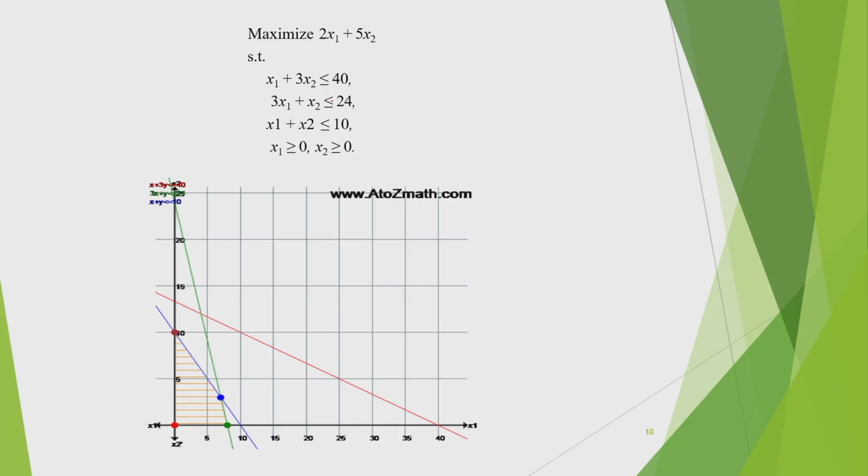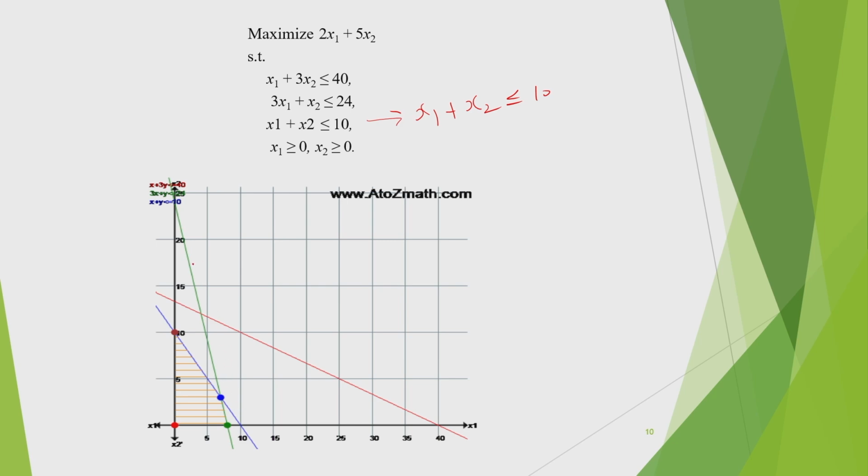Maximize 2x1 plus 5x2, subject to x1 plus 3x2 smaller than or equal to 40, 3x1 plus x2 smaller than or equal to 24, x1 plus x2 smaller than or equal to 10. So you draw these lines. These 3 lines have been drawn.